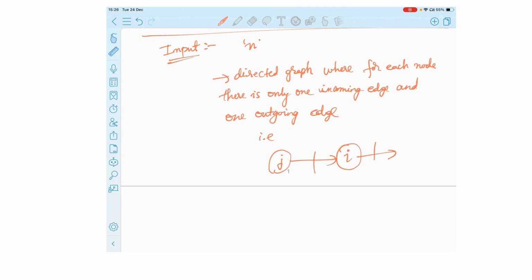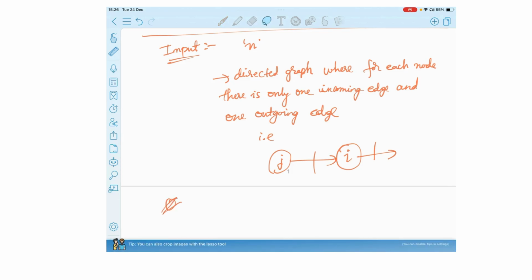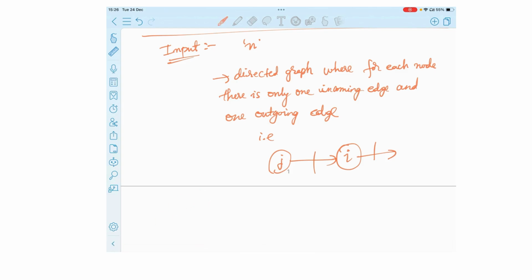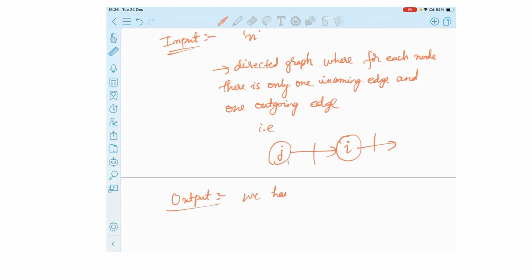So what we are supposed to find is that we have to maximize the convenience of the city by following the constraints given in the problem.